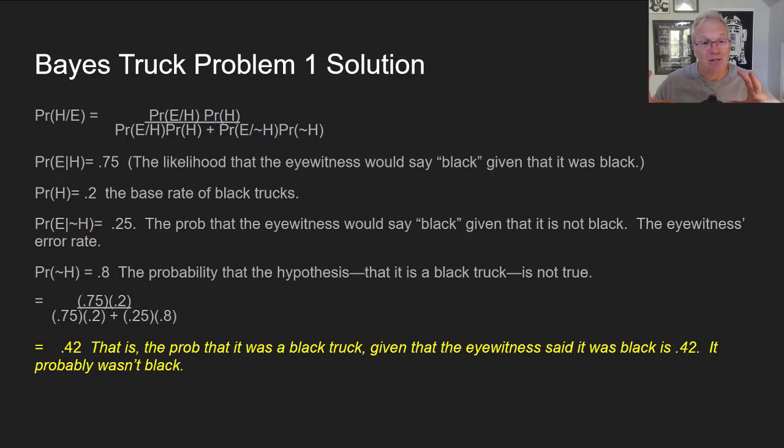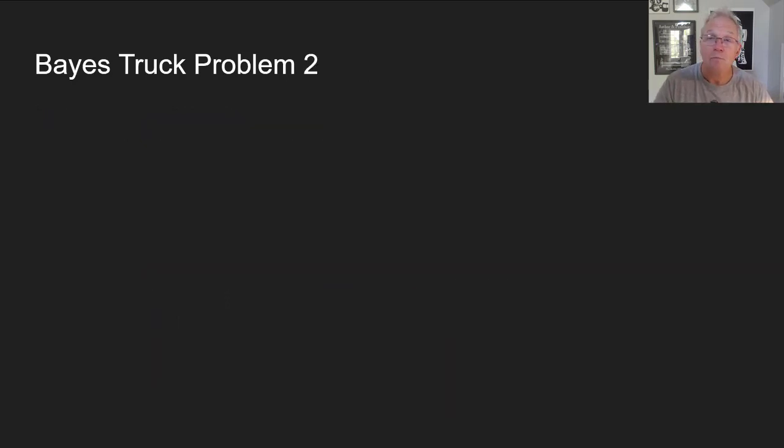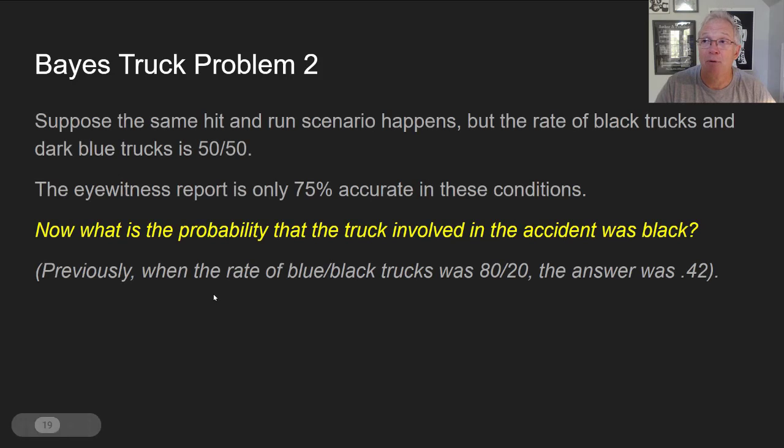So Bayes' theorem lets us upgrade or improve that, fold that number in, and now we've moved up to 0.42. Still probably not true, but it's better than 20%, which is where we were at the beginning. Okay, so the addition of a 75% reliable eyewitness's testimony to a 20% base rate brings this answer up to 0.42.